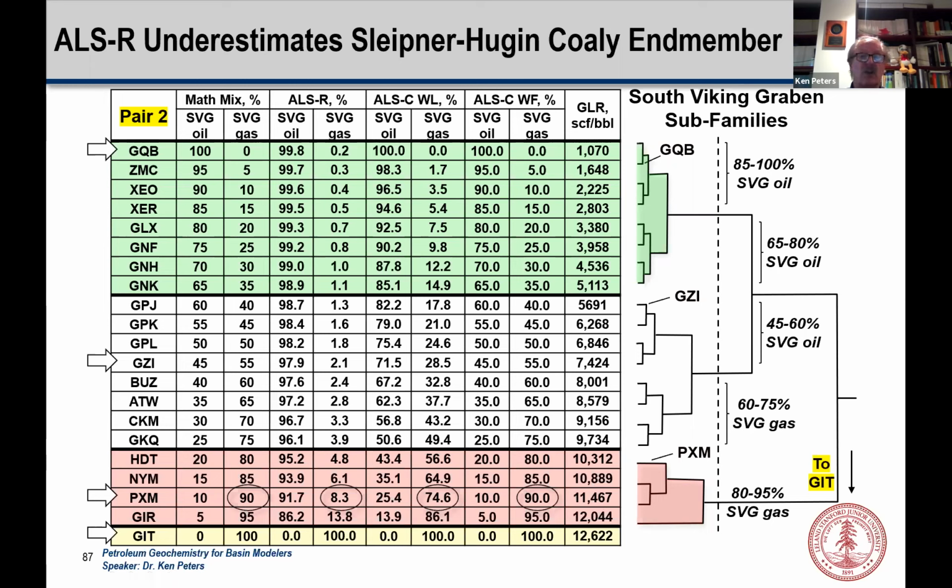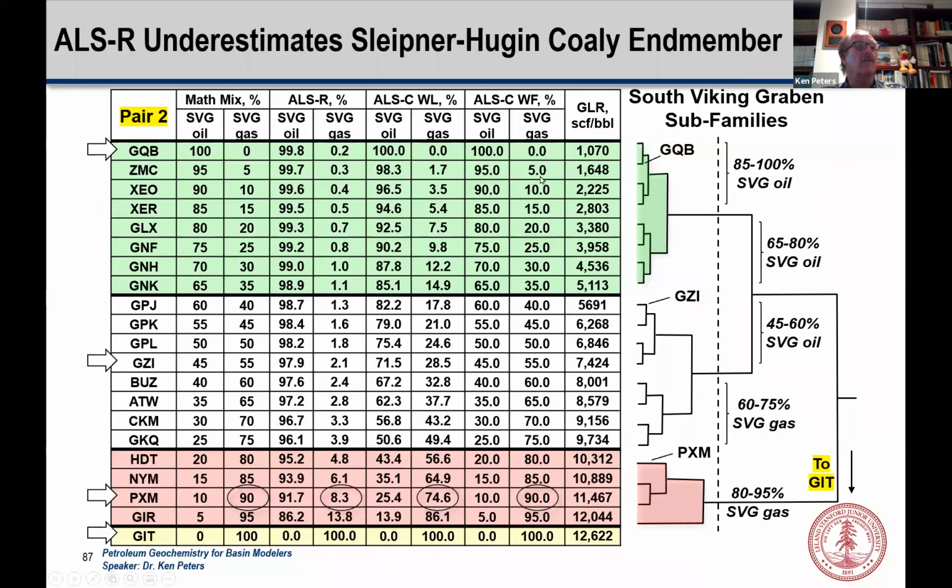So I think what this is saying is that in terms of classifying with hierarchical cluster analysis, you can completely miss the story unless you recognize the gas fraction of the oil. And you've got to be careful about what range of hydrocarbons you're talking about when you do your mix.